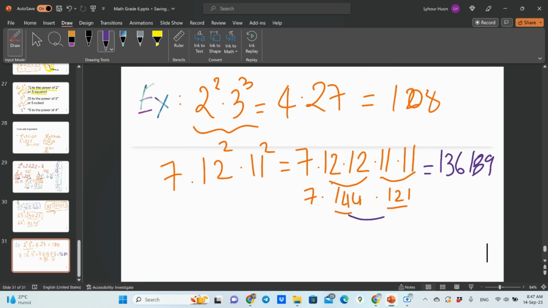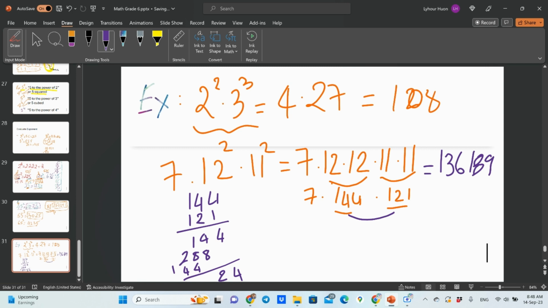So we multiply this with this. 144 times 121. It will be 441. Then 4 is 8, 8, 2, and oh no, I already see a difference, bro. So 4.